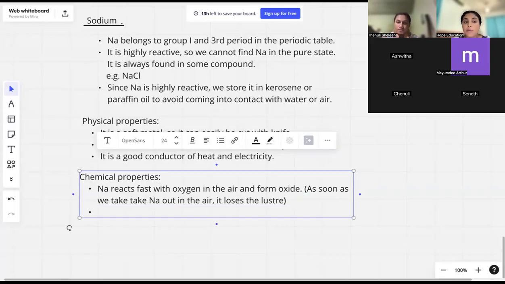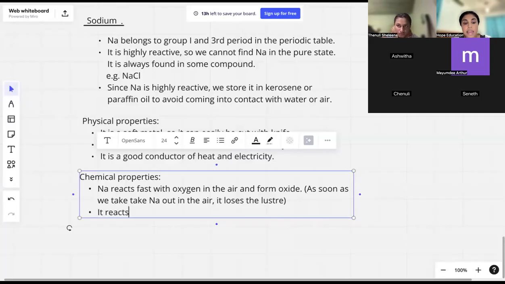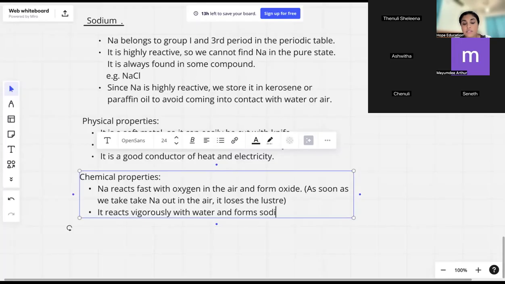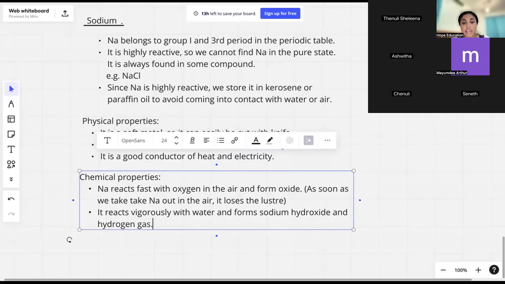Then another chemical property of sodium is that it reacts very fast with water. It reacts vigorously, which means very fast, with water and forms sodium hydroxide and hydrogen gas.